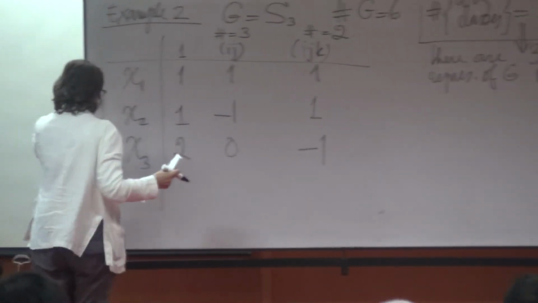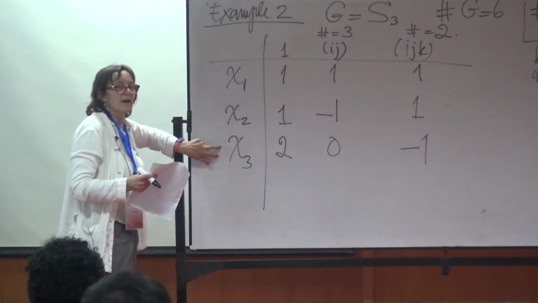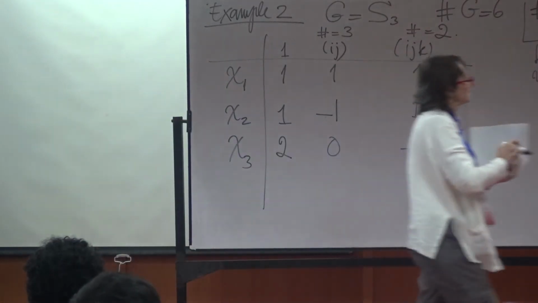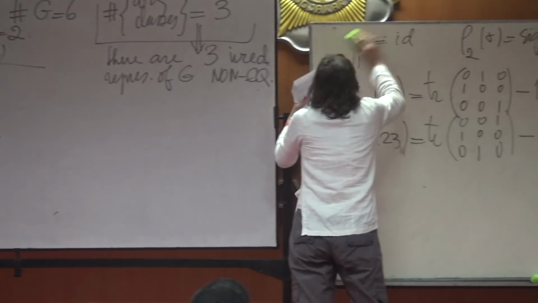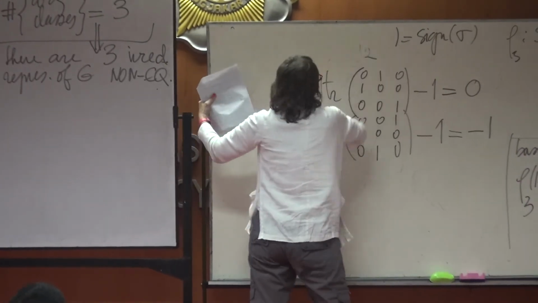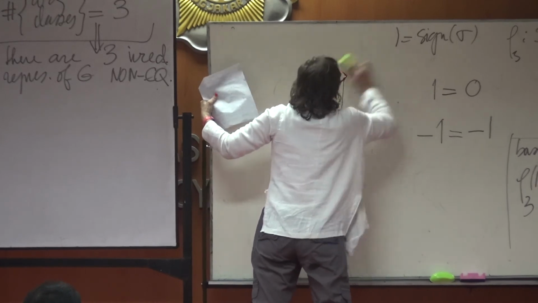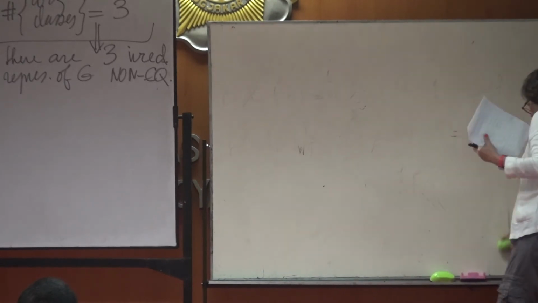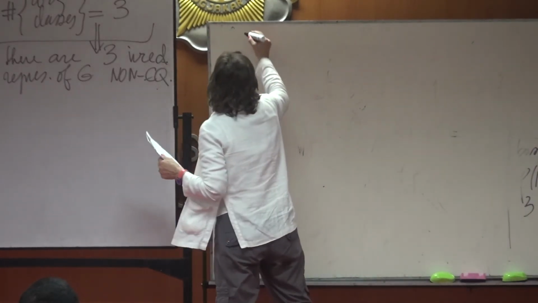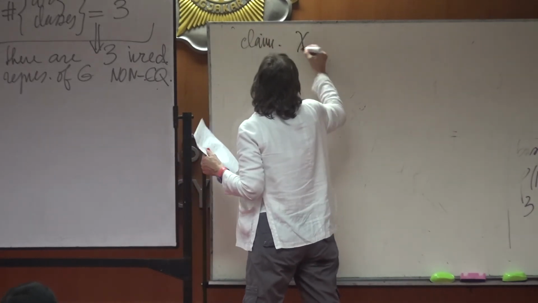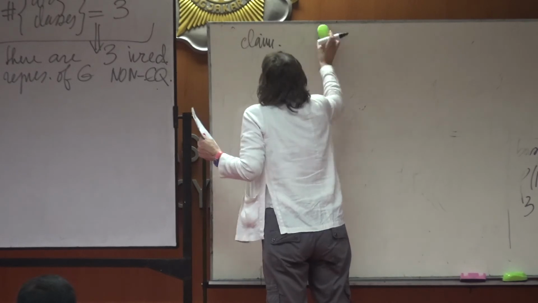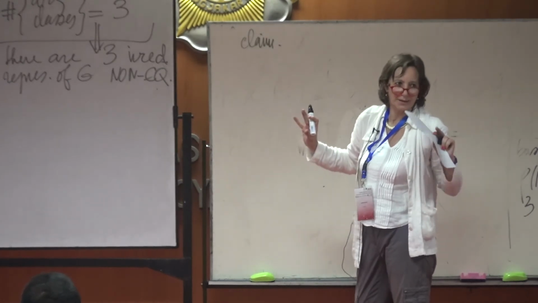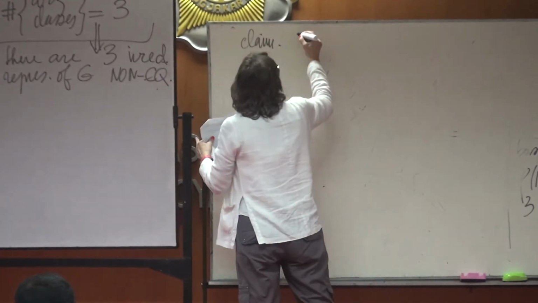So now let's check that this is irreducible, computing the norm of chi3. Claim: row 3 is irreducible. René did it geometrically, no? But suppose that we just want to check it using the character theory, the character properties.